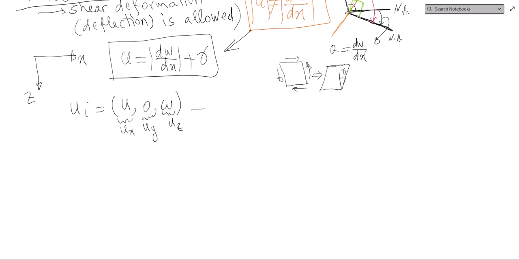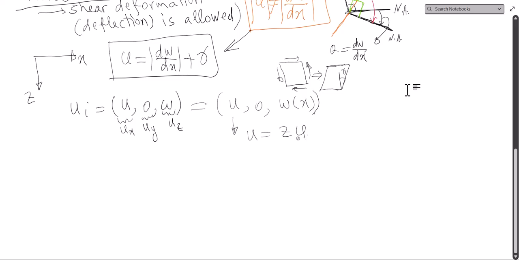Therefore we can borrow u_0, and this w becomes a function of x only again. And now we have to work out the u. And u is again, in a universal form, z phi, as we discussed in the previous beam.